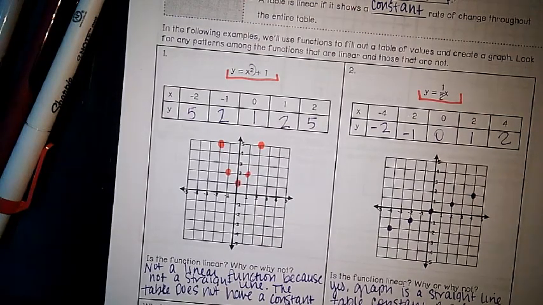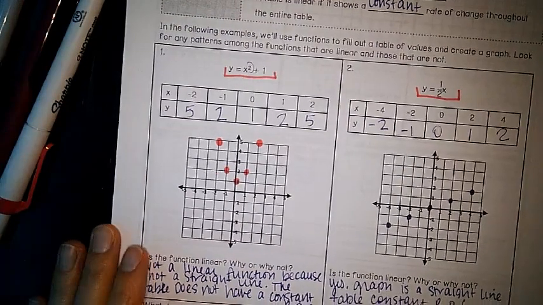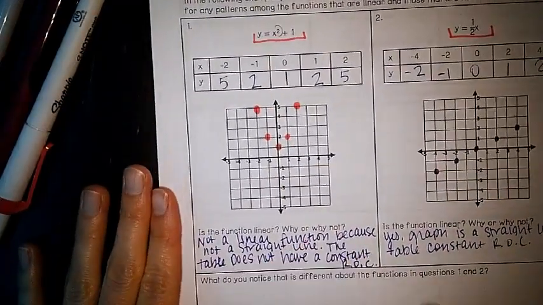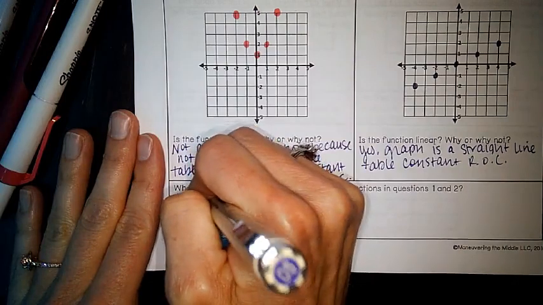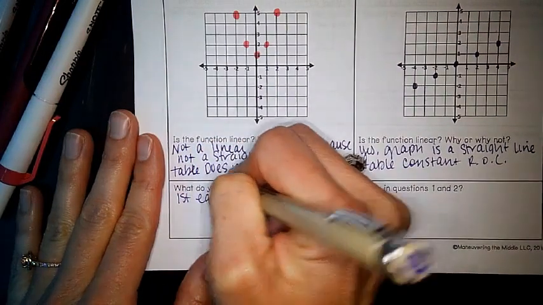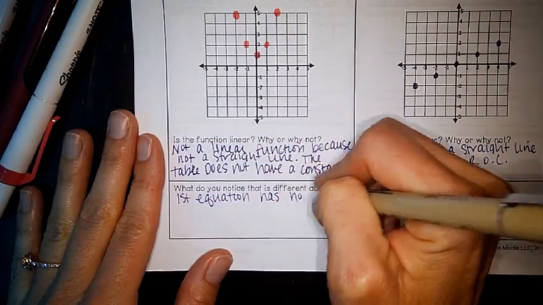What has no slope? Question 1 has no slope. She's saying there's no rate of change. Would y'all agree or disagree? Okay, so let's look at it. The first equation has no constant rate of change.